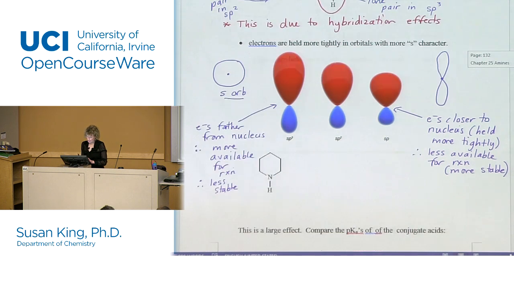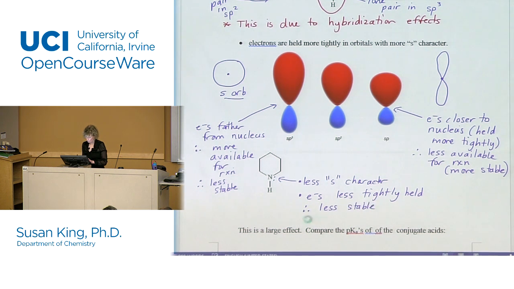All right, so that's why this is the most basic, because there is less s character. Electrons are less tightly held because they're further away. So this is going to be less stable, therefore more basic.